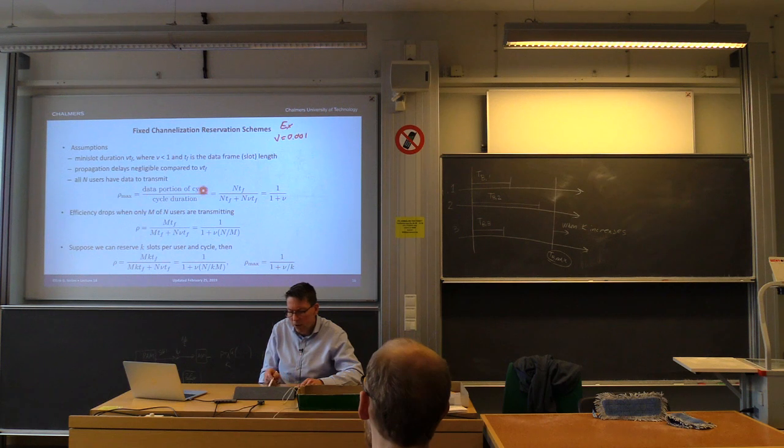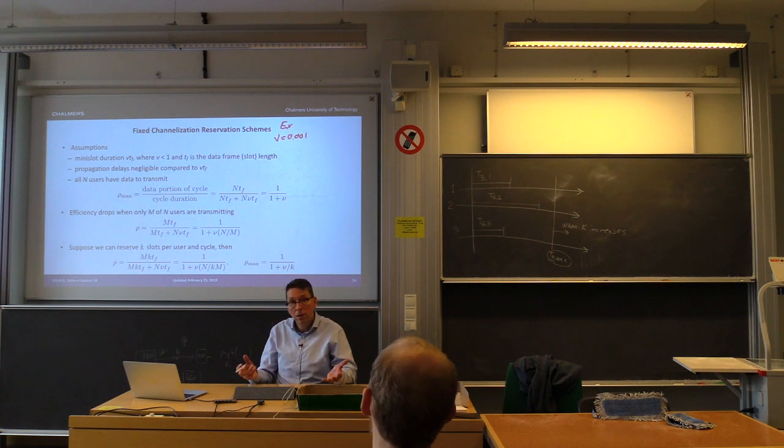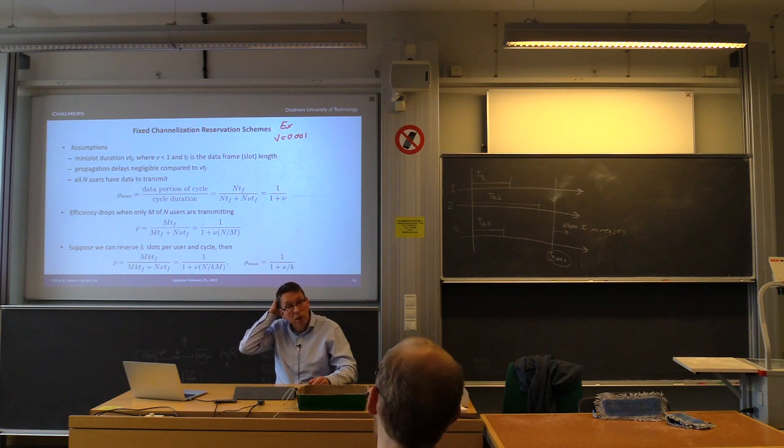Well, it's how much data we transmit per cycle. We count the time it takes to transmit data in a cycle divided by the cycle duration. This tells us how much of the medium we are using for data in relationship to the total time we use.